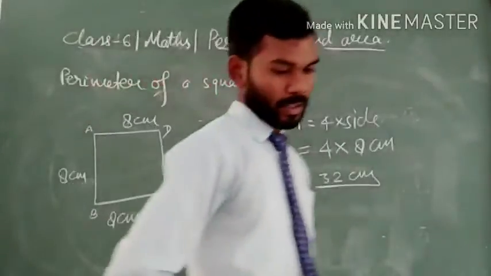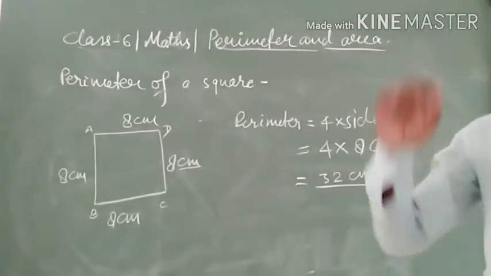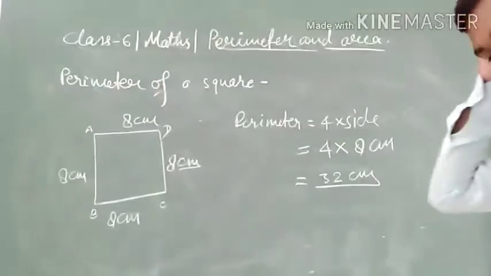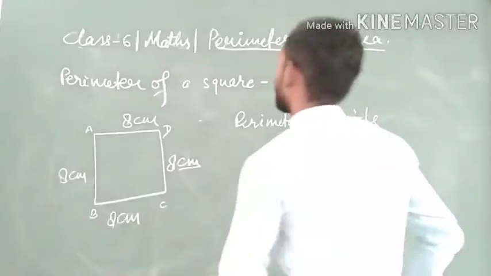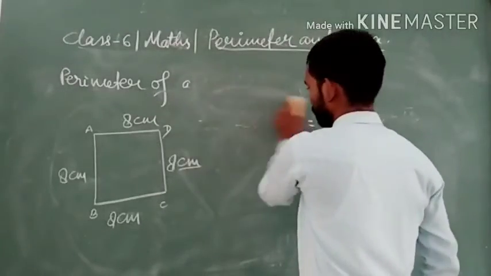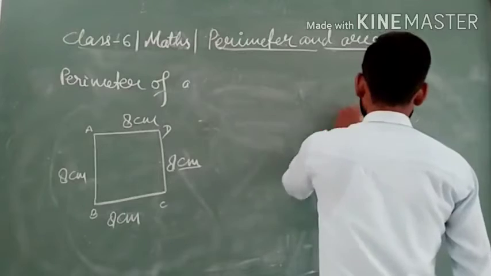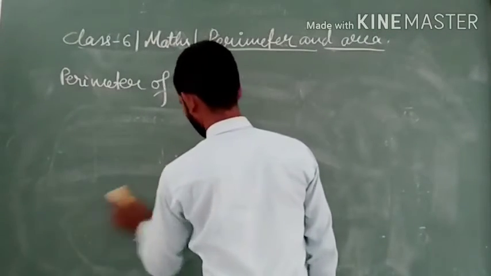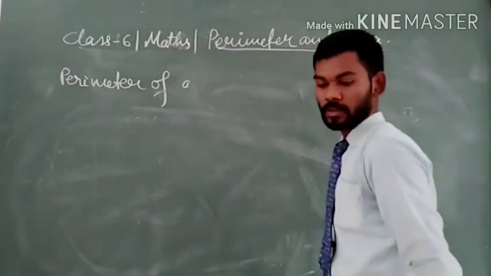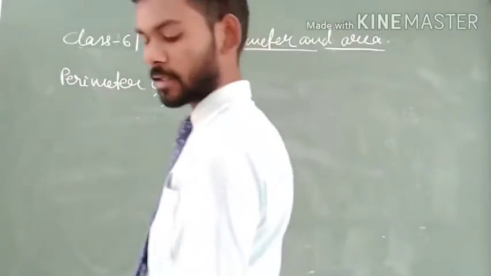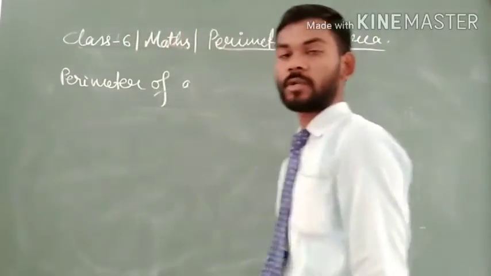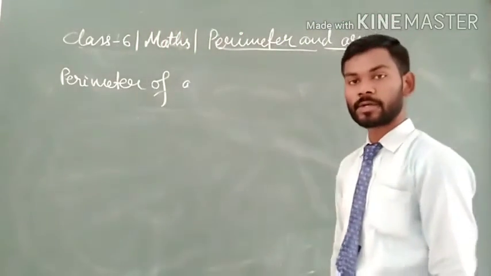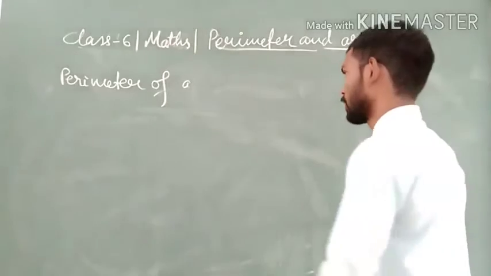Okay students, now let us see the perimeter of a triangle. Whenever we study the triangle, it is not necessary that the triangle will always be equilateral. It may be of any type.